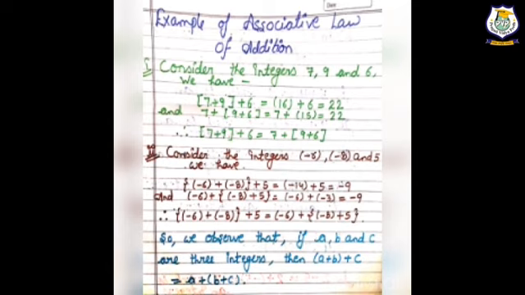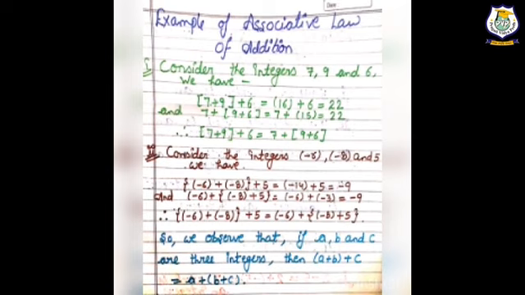Here we have another example. In this example, I will consider two negative integers and one positive integer. So (-6 + -8) + 5 = -14 + 5 = -9.